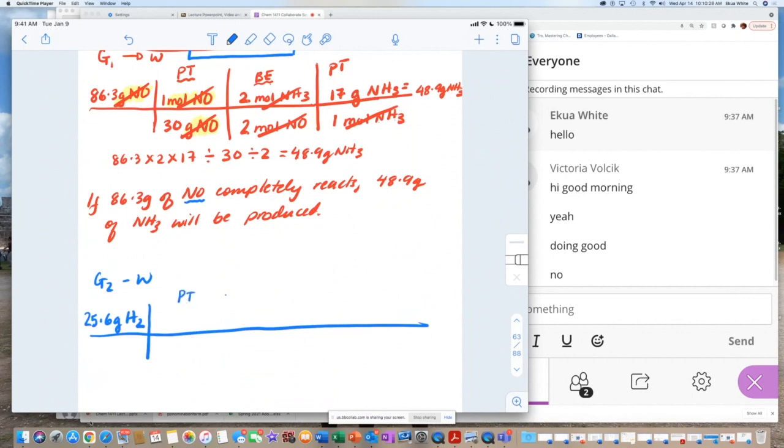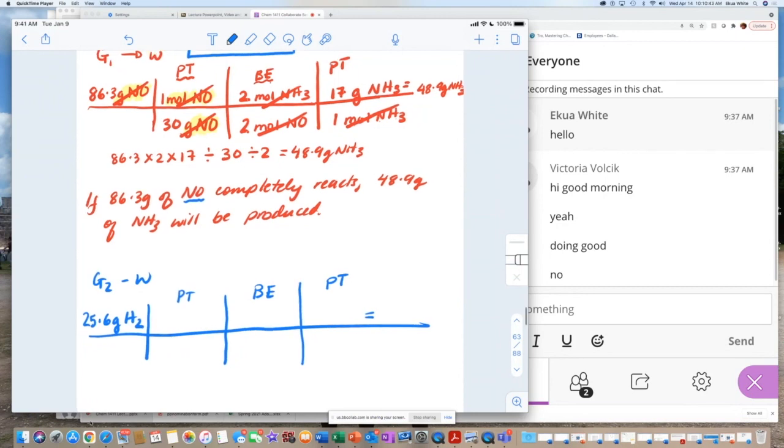PT in our conversion, BE, just like we did up here, and then PT. Well, we don't need that much space for a balanced equation. And then PT. I think we can use up the space we have. This time our given 2 is hydrogen. So as usual, we have 1 mole of hydrogen. The units across must match. So grams of H2 has to be here.